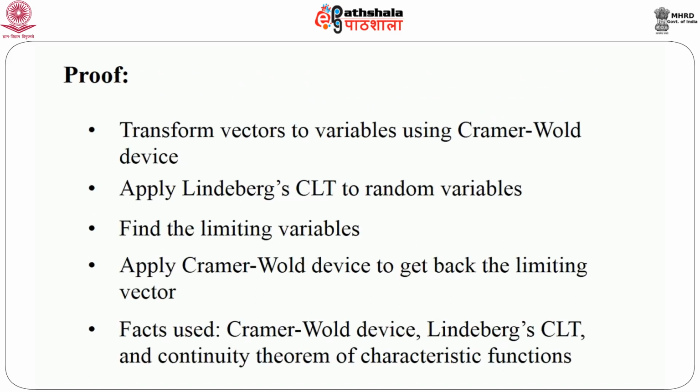Transform the vectors to variables using the Cramer-Wold device, apply Lindeberg CLT for univariate random variables to these transformed random variables, find the limiting variable, then apply the Cramer-Wold device to get back the limiting vector. So, a repeated application of the Cramer-Wold device will prove the theorem with the help of Lindeberg's CLT for univariate random variables.